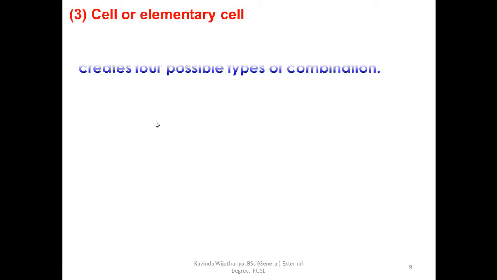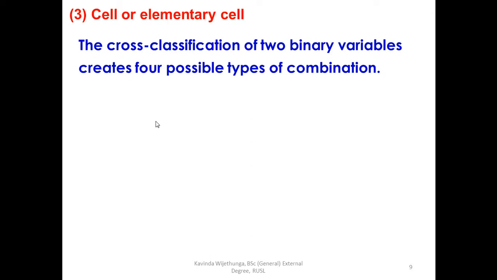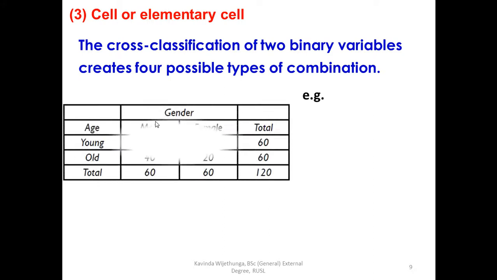Cell or elementary cell. The cross classification of 2 binary values creates 4 possible types of combination. Example: this is a 2 by 2 table with two levels.